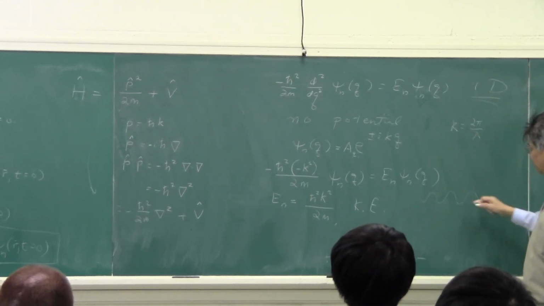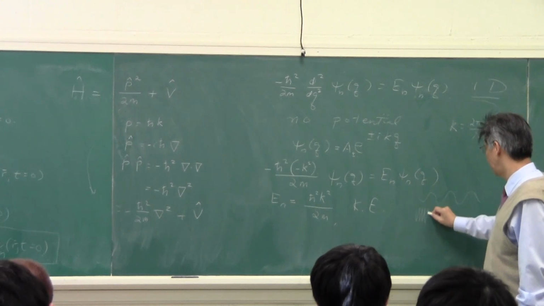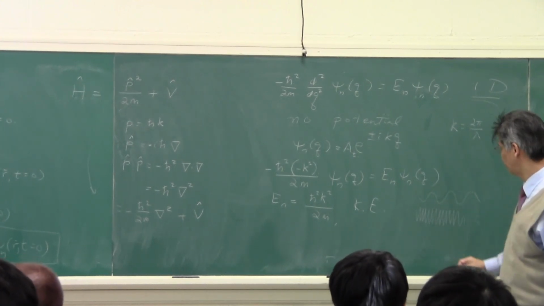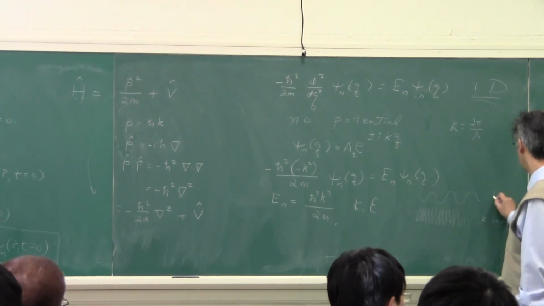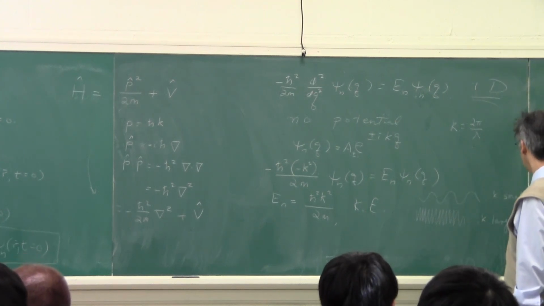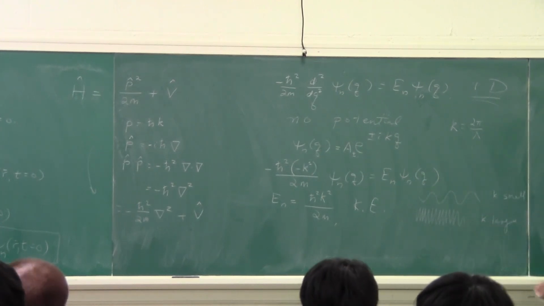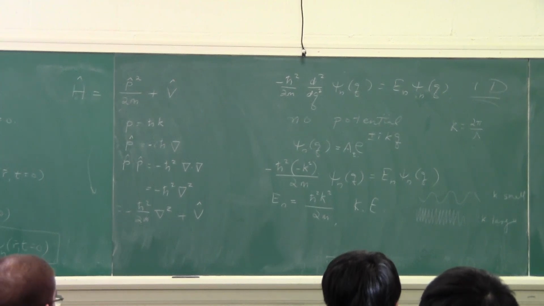If k is small, you are dealing with a long wavelength wave function, but when k is large, you're dealing with a small wavelength. This is k large, this is k small. And you say that this particle has less momentum than this particle. This particle with a highly oscillatory function has a higher momentum compared to the other particle.